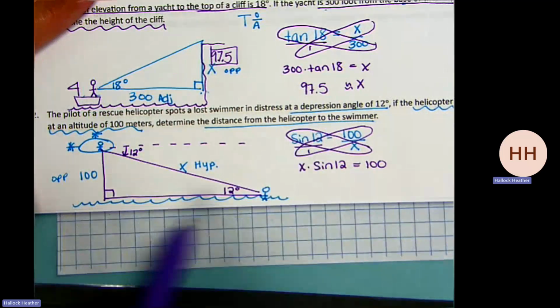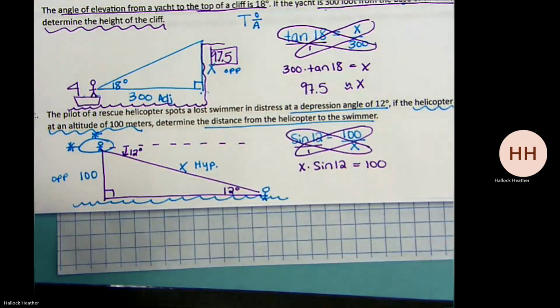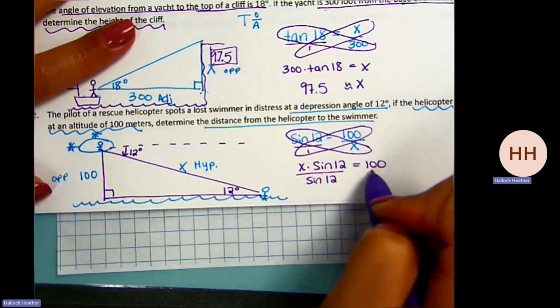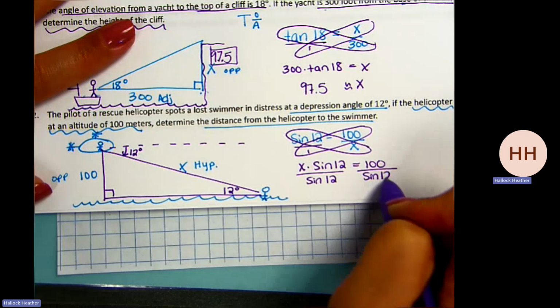Last time I had to multiply. What am I going to have to do this time? Divide, because I have to get x by itself. So I'm going to divide by sine of 12, divide by sine of 12.